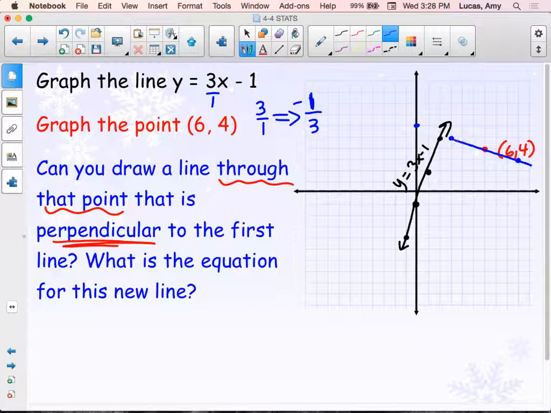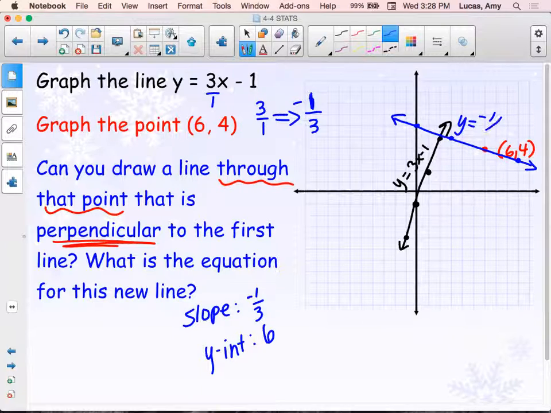And here is the line we're looking for. So my new line has a slope of -1/3, and the y-intercept we just found, 6. So y equals -1/3 x plus 6.